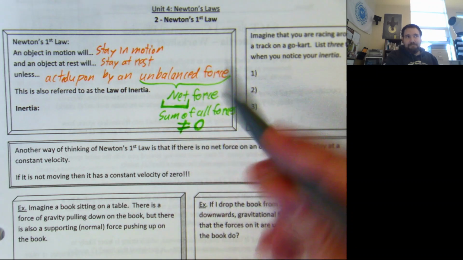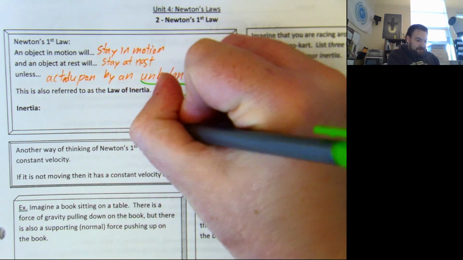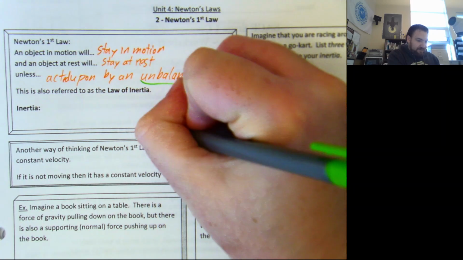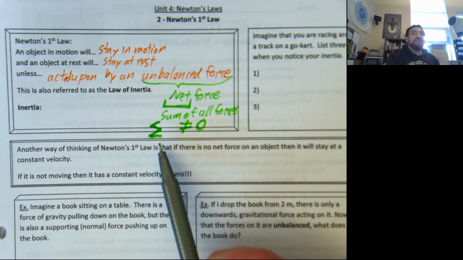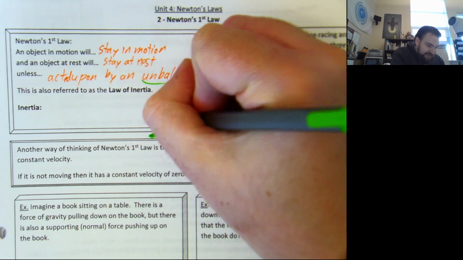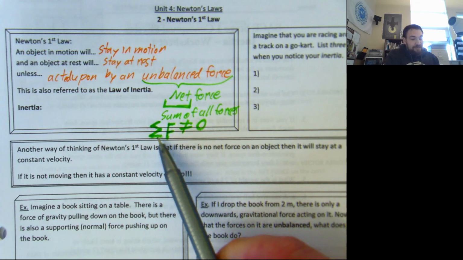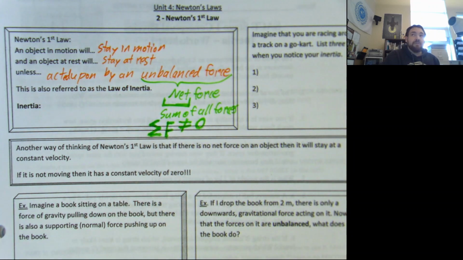Nobody? It's a spiky looking E. Sometimes they call that symbol summation notation. And so the way that we write this is that there is a net force. We say that the sum of all of the forces, that spiky E, the sum of the forces is not equal to 0.